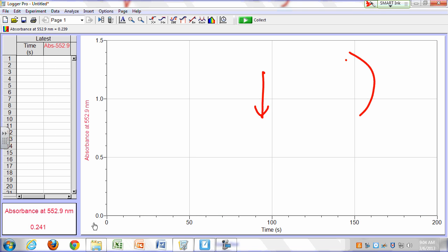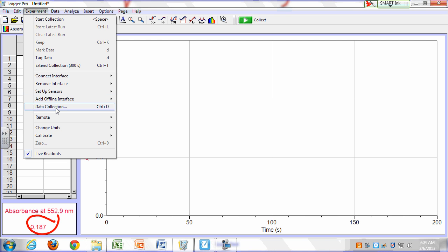And now what's happening? It's actually monitoring the absorbance at 552.9, okay? So we're going to do this again. This time we're going to collect data. Absorbance versus time. How long should we be collecting?